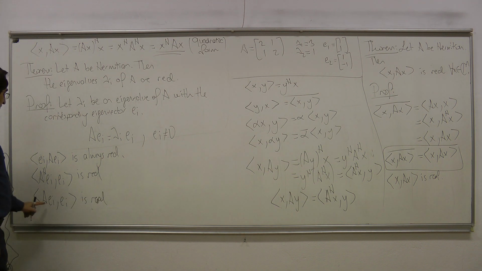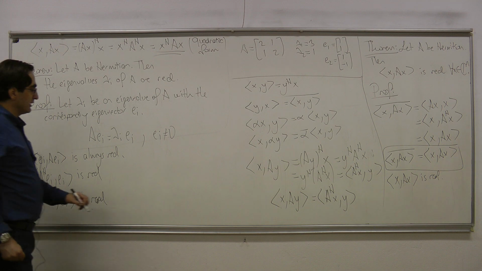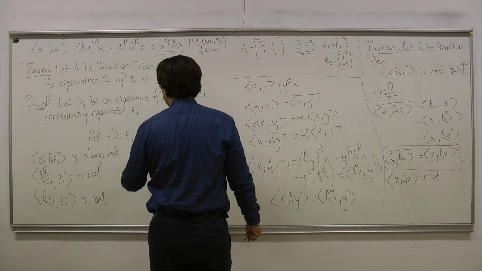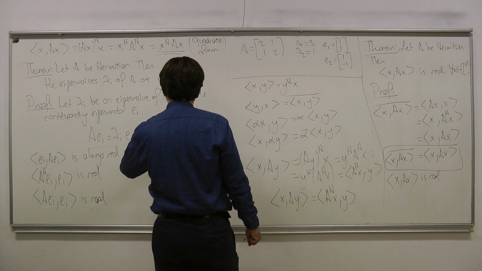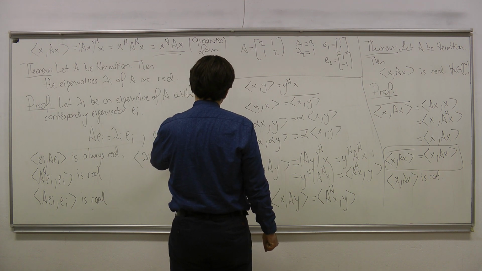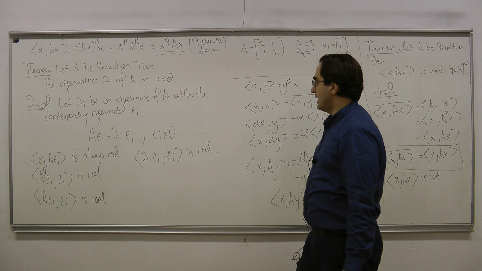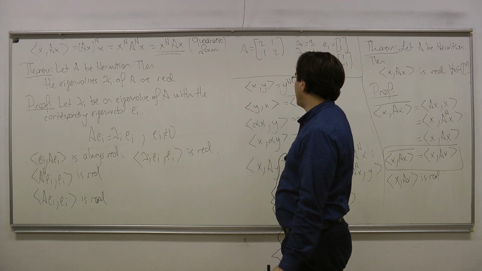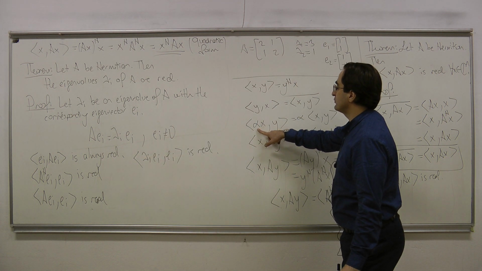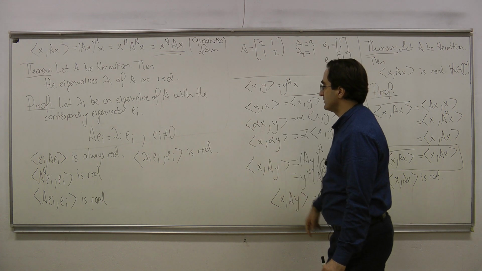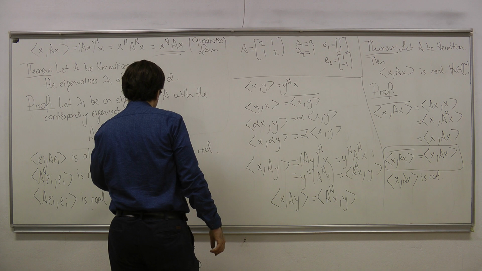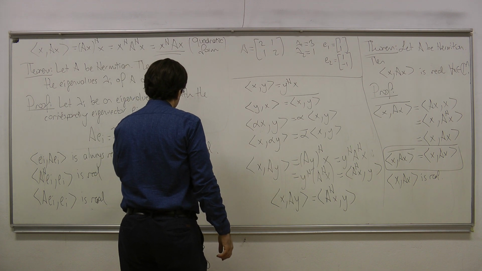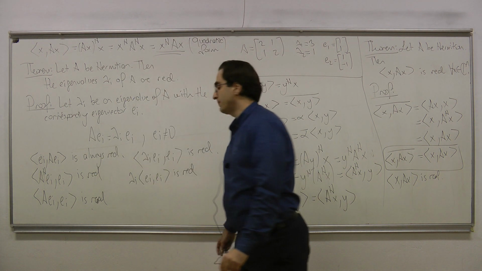But A EI is lambda I EI. So lambda I EI, EI is real. Now I can take lambda I outside, since it is in the first argument of the inner product. So lambda I times the inner product of EI with EI is real.